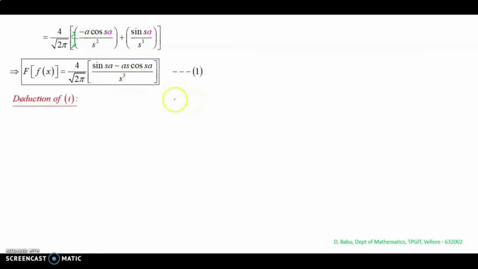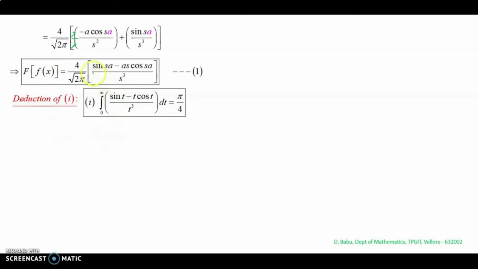So next, the deduction. For the deduction we have to apply either the inversion formula or Parseval's identity. If the deduction is similar to the Fourier transform of f of x, then we apply the inversion formula. If the deduction is similar to the Fourier transform of f of x the whole square, then you have to apply Parseval's identity formula.